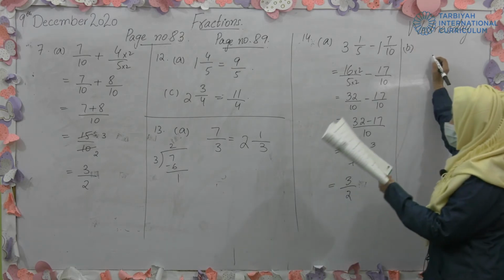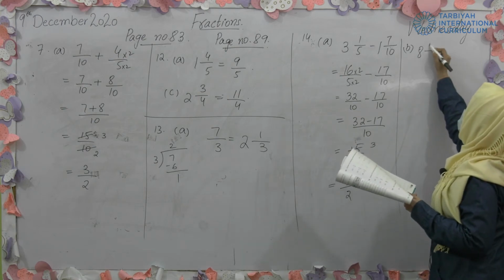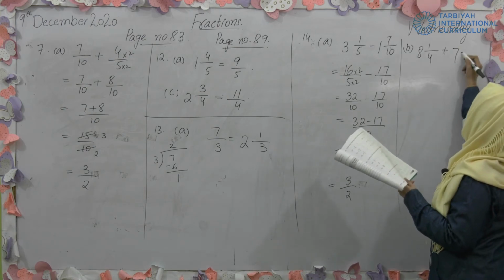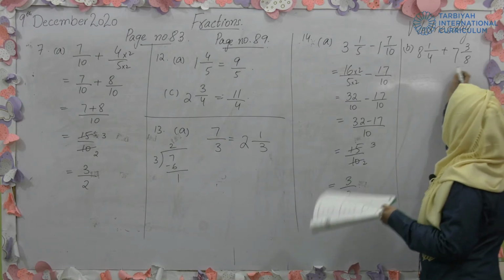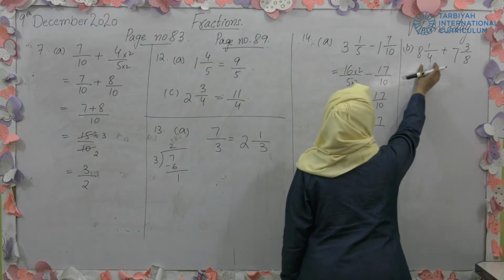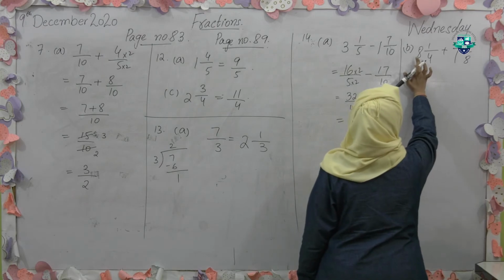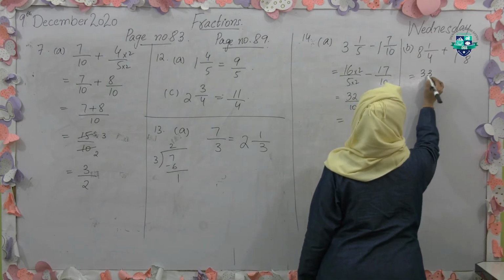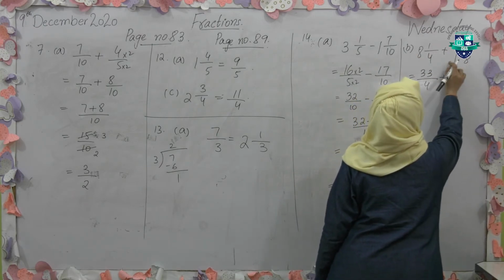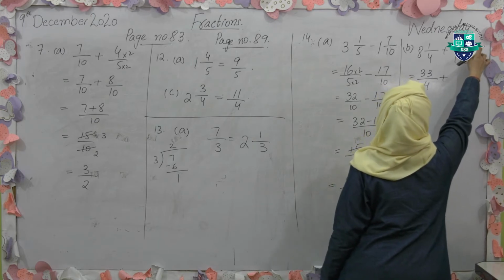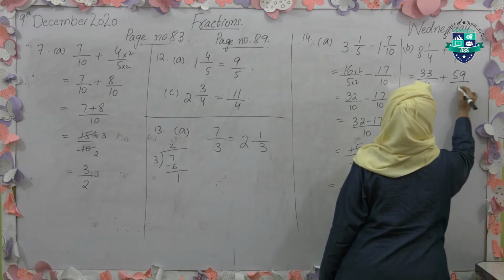B part. 8 whole 1 by 4 plus 7 whole 3 by 8. Changing the mixed numbers into improper fractions. 4 8s are 32, 32 plus 1, 33 by 4. 8 7s are 56, 56 plus 3, 59 by 8.